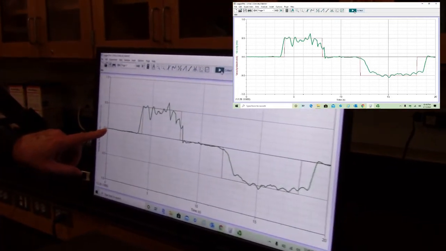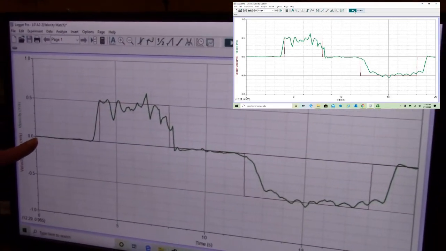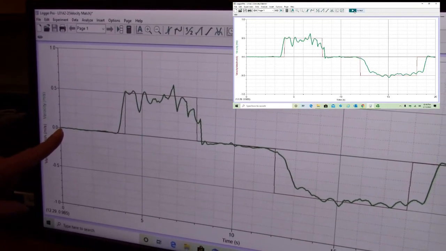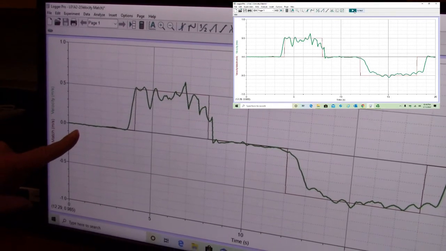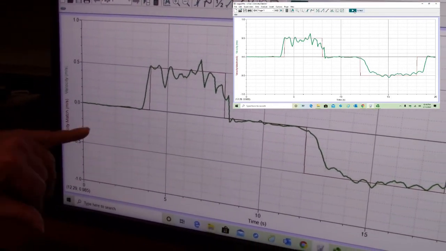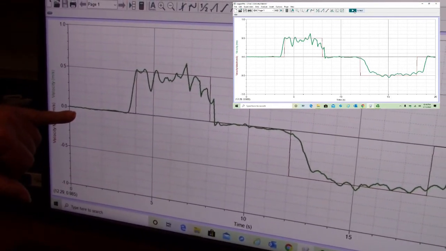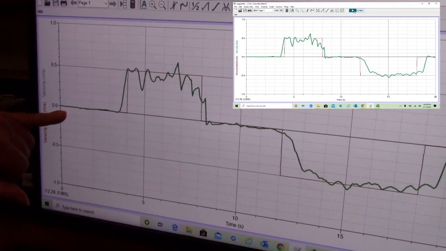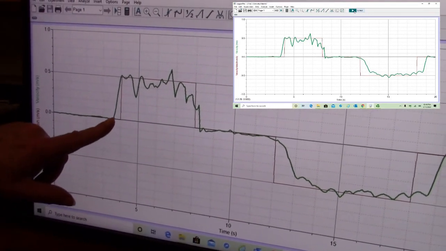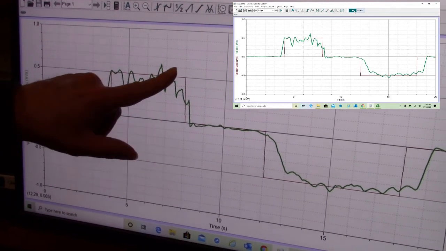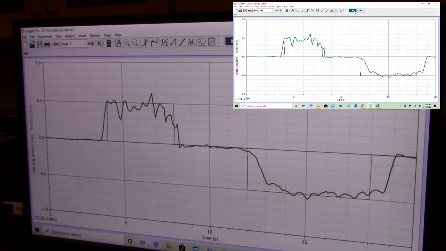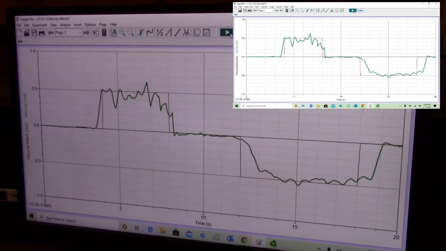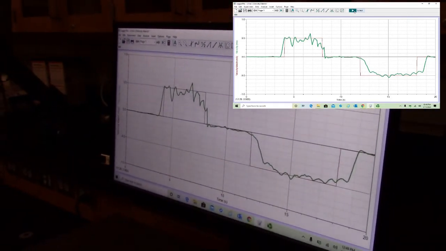And also notice I started further away, and yet my velocity graph still says 0 here. Okay? The velocity graph doesn't care about where I am. It just cares about how fast I'm moving and which way I'm going, away from the motion detector or towards the motion detector. So that is something to keep in mind when you answer the questions for the lab.